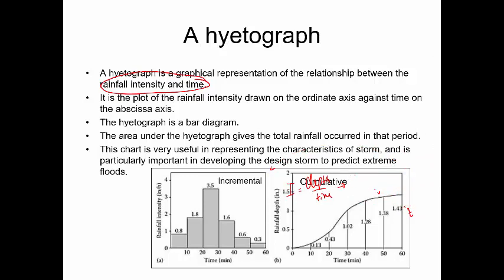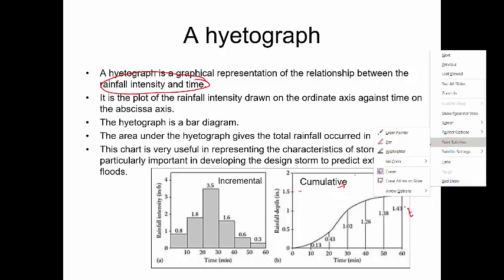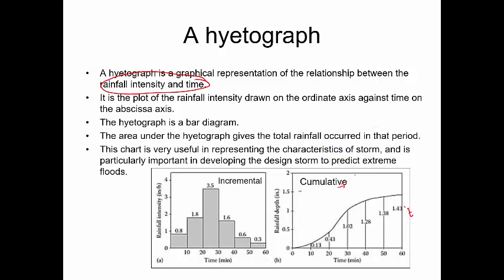So what happens is that if you look at the characteristics of storms, you will find this distribution, which is incremental if we were to use just a graph instead of a bar chart.